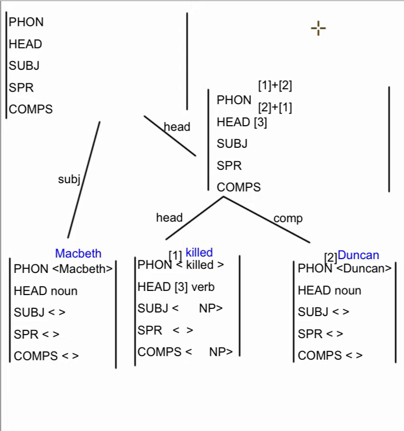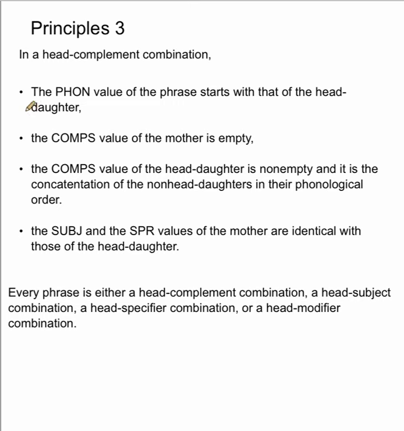This means that we can exclude the order Duncan killed, because this order would start with the non-head daughter's phonology. So that's the difference between the phonology of a head subject combination and that of a head complement combination.